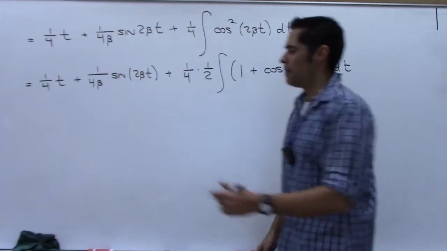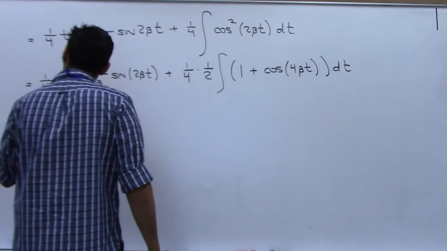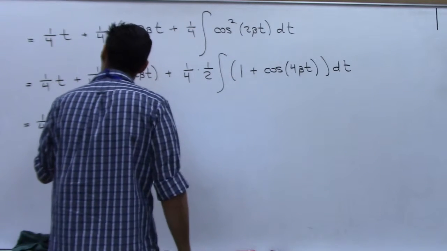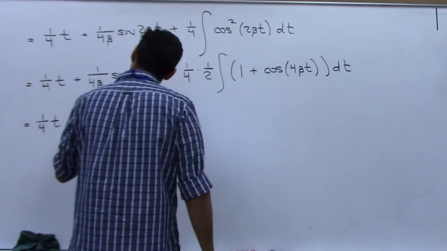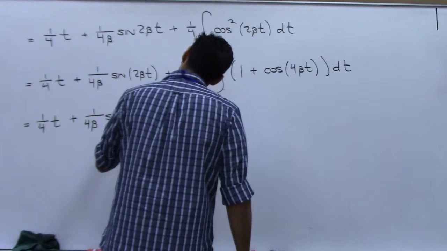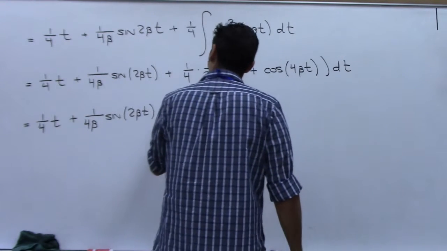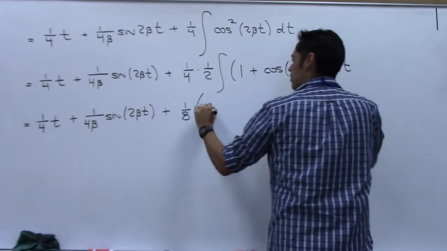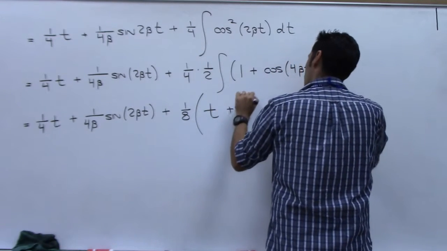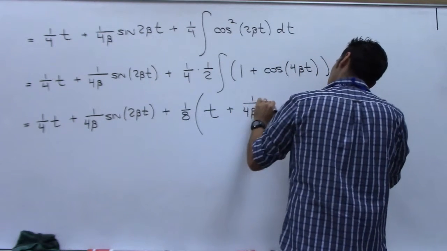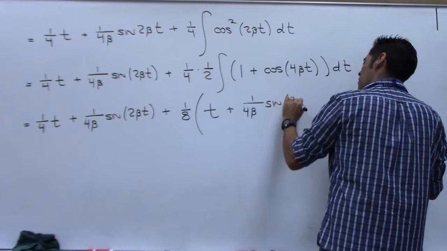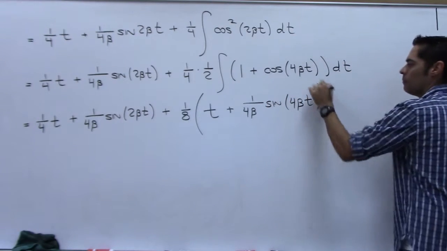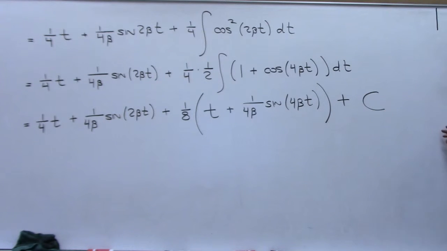So we have 1/4 t plus 1/4 beta sine 2 beta t plus 1/8, in parentheses, because the 1/8 distributes. Now I'm going to do these antiderivatives. It was just t plus 1/4 beta sine 4 beta t plus c. Do y'all have questions on that part?